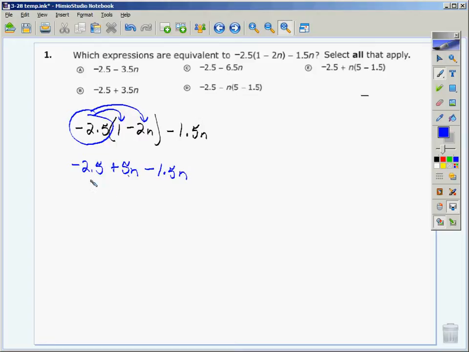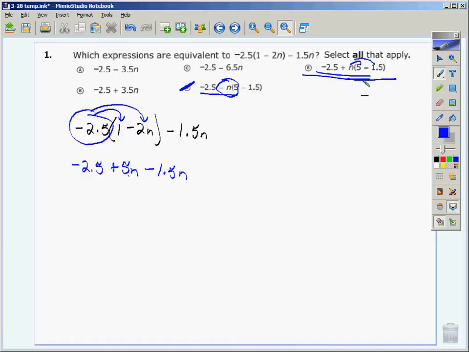Now, I can take a look at what's up here, and I see something that kind of looks the same right now. Well, that one's not even right. That one's got a negative. This is going to be a negative 5n, isn't it? Definitely not this one. But this one, this would be 5n, and this would be a negative 1.5n.